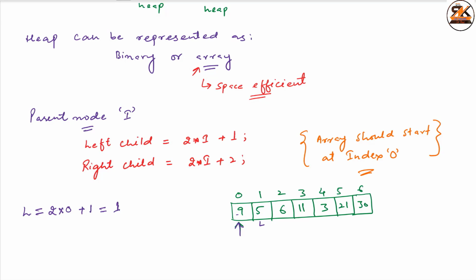This is the left child of 9. And for the right child we have the formula 2 into I plus 2, that is 0 plus 2, that is 2. So this is the right child at index 2 for this 9.